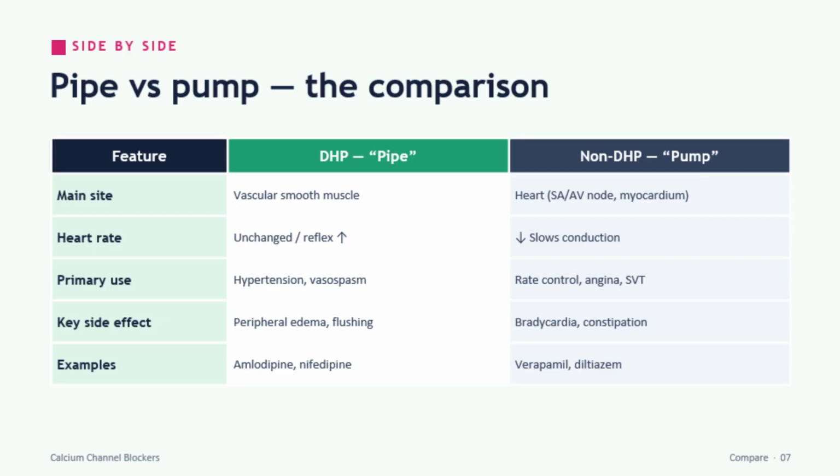Notice how the pipes work on vessels and the pump drugs work on the heart, are mirror images of each other. If you can recreate this table from memory, honestly, you have basically mastered the topic. Pause the video and try to fill it in yourself.